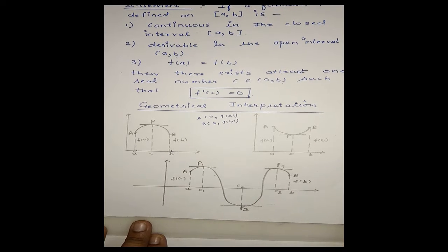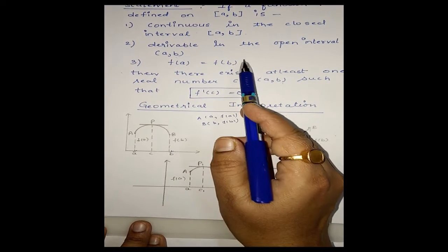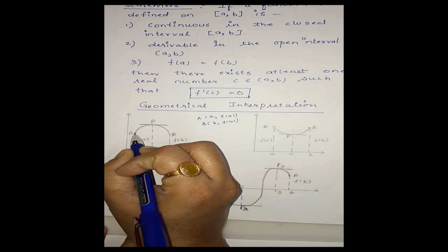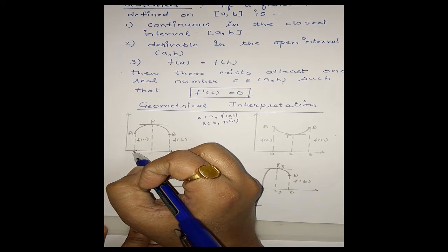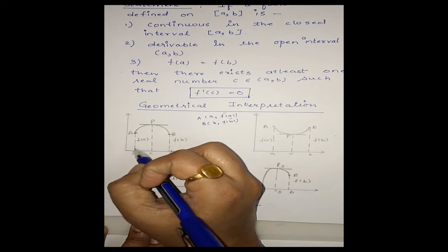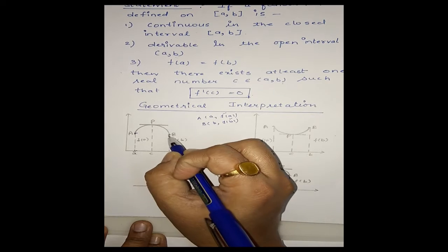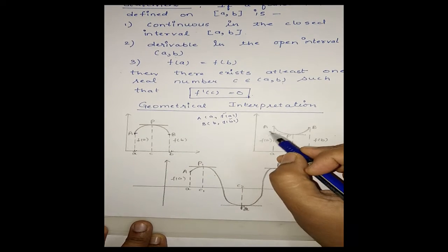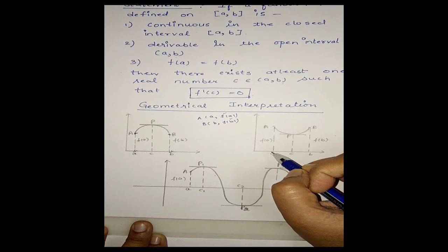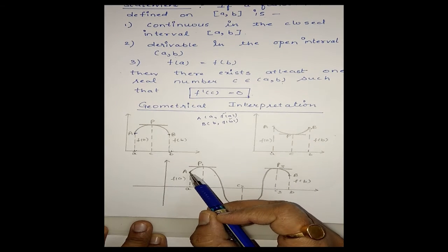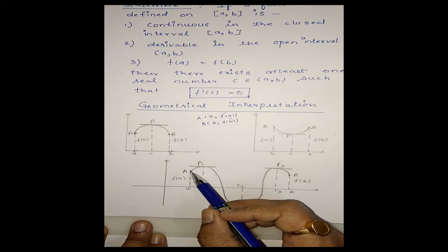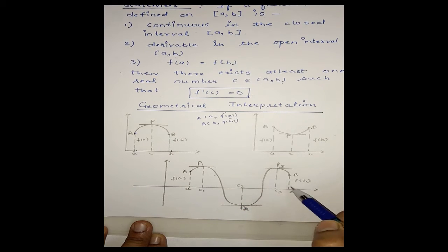The third condition is that f(a) is equal to f(b), meaning the ordinates of A and B are equal. That is, the points are equidistant from the x-axis. This distance and this distance are the same. In the same way here, and here also, the distance from the x-axis is the same. So f(a) is equal to f(b).